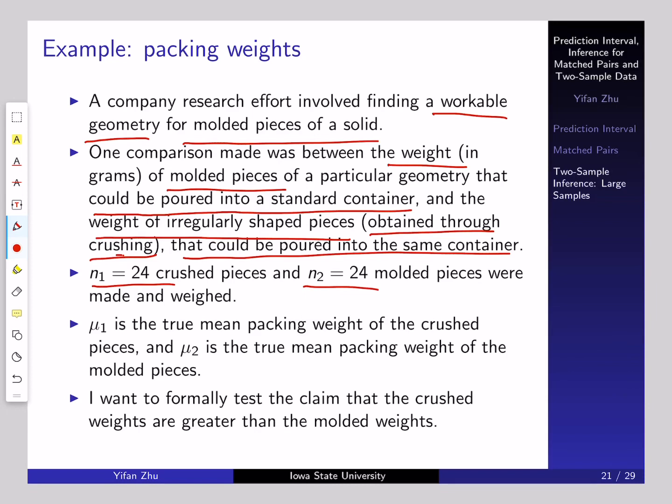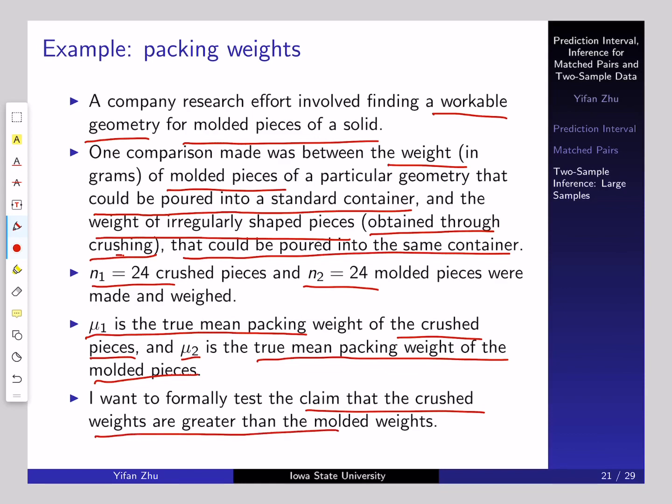We use mu1 to denote the true mean packing weight of the crushed pieces, and mu2 to denote the true mean packing weight of the molded pieces. And we want to formally test the claim that the crushed one is greater than the molded one.